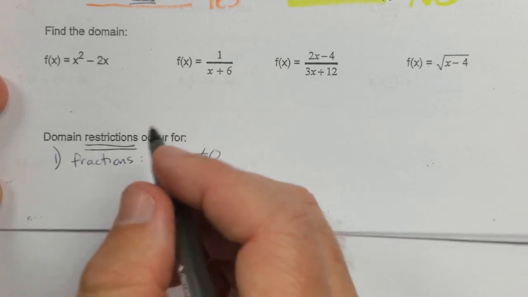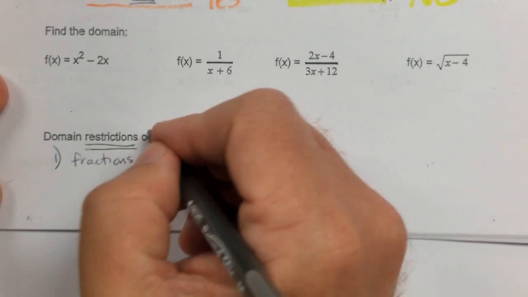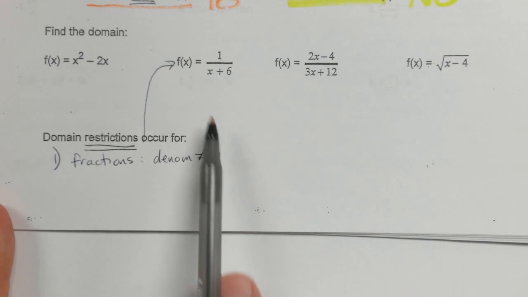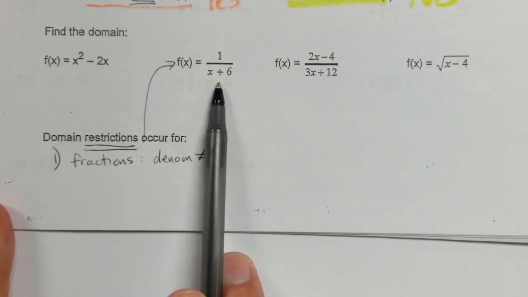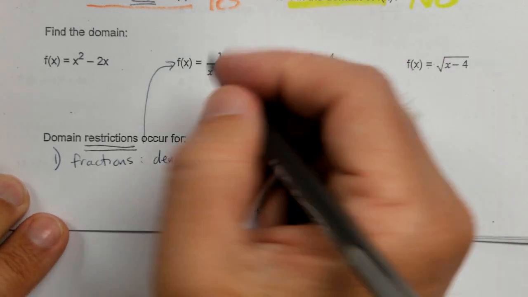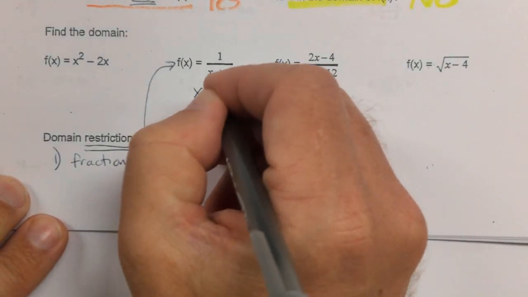So let's do this example here. What value of x would be a problem for this equation? Why would negative 6 be a problem? Right, so x can't be negative 6.